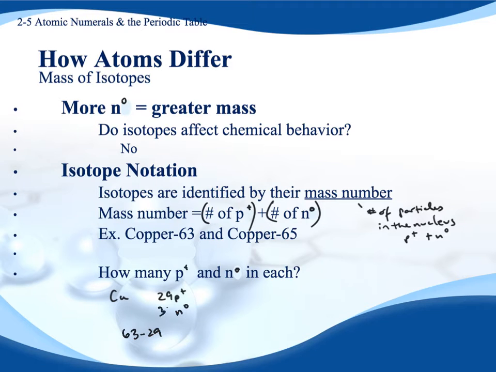So there would be 34 neutrons in copper 63. I want you to figure out how many neutrons would be in copper 65. Remember, copper's proton number cannot change. So how many neutrons does copper 65 have?